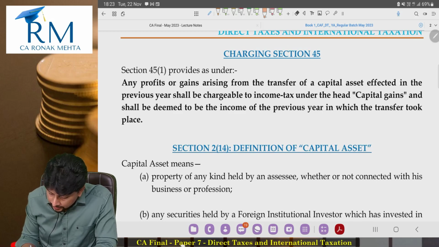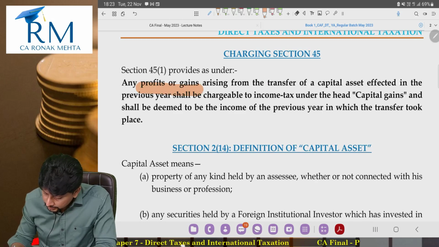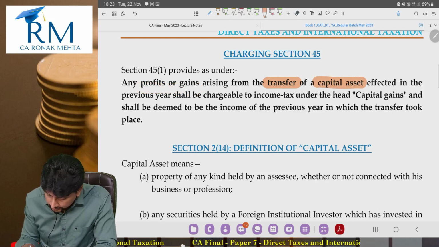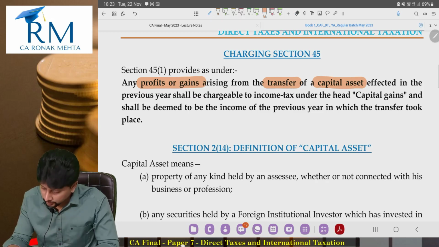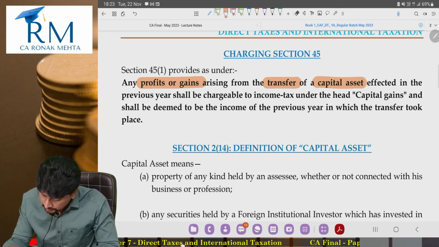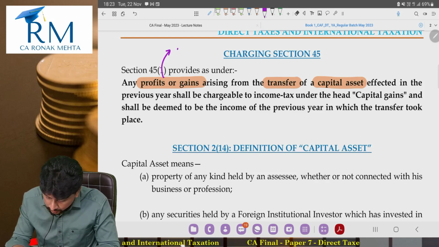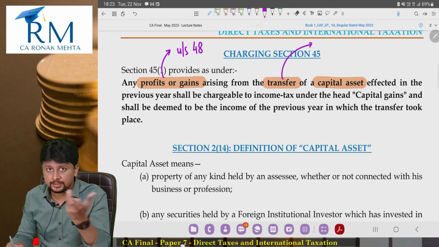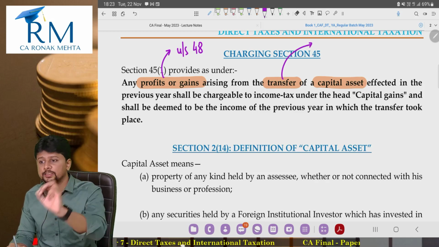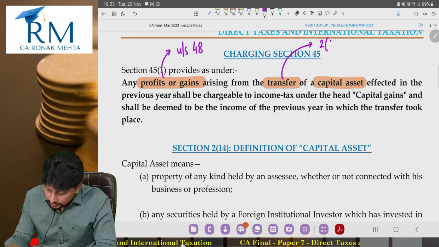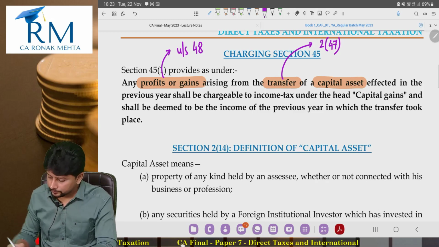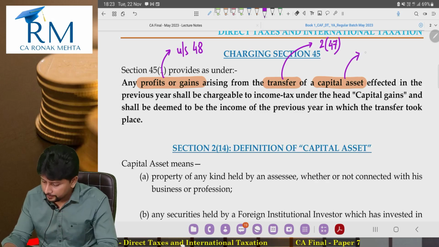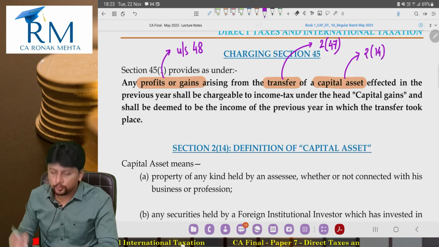Any profit or gain arising from the transfer of a capital asset. Any profit or gain, that is the first part. This profit or gain will be calculated using section 48. Arising from the transfer. Where is this word transfer written? It is written in section 45, but it is defined in 2(47).